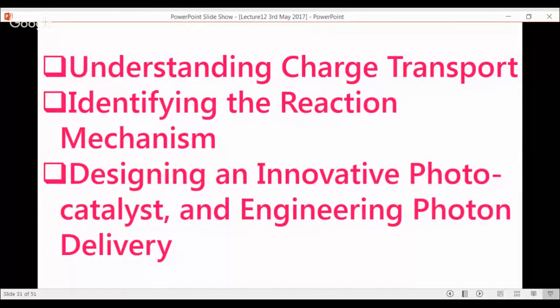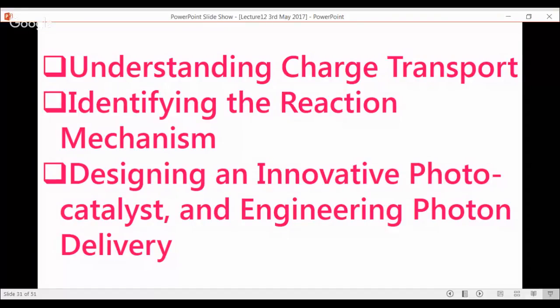Now, the things that we have to understand are the charge transport within the semiconductor and between the semiconductor and the electrolyte. This is one thing which is slightly different from conventional electrochemistry. We have to look at that sufficiently.